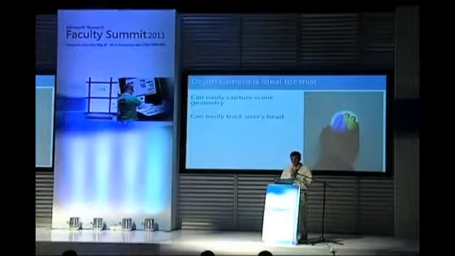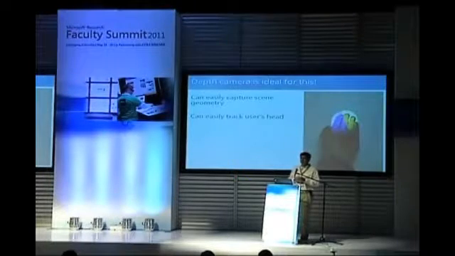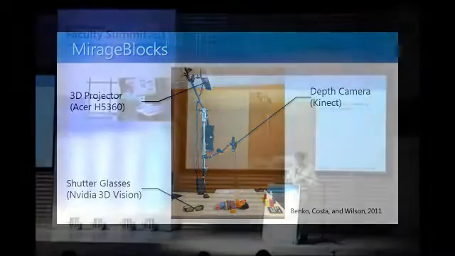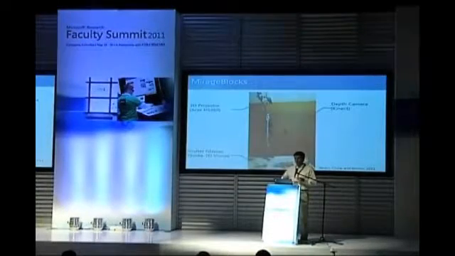It's very straightforward. What you see here is taken from the Mirage Blocks demo, an example of literally you holding a ball in your hand. This is correct only from your perspective. But everything that's enabled there is simply enabled with one projector and one Kinect camera in the back, and if you want to see stereo, just put stereo glasses on.